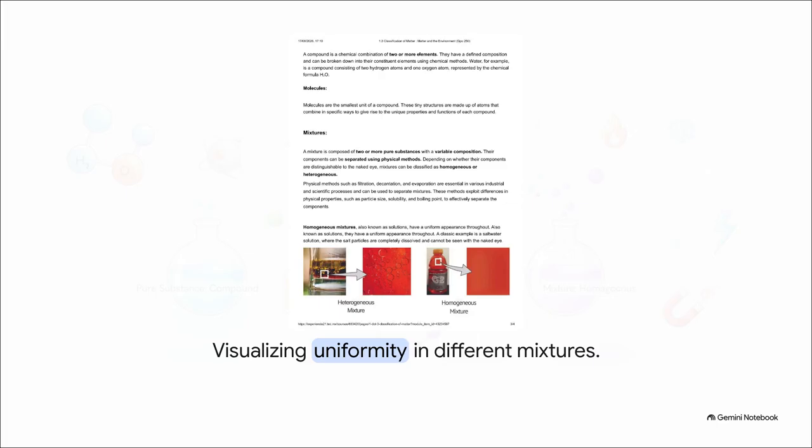A homogeneous mixture, also known as a solution, is completely uniform. Think about salt water. The salt dissolves completely and you just can't see the individual salt particles at all. But a heterogeneous mixture has a non-uniform composition. You can literally distinguish the distinct parts. Think of oil and water separating into distinct layers, or even simpler, a salad. You can easily see and pick apart the tomatoes from the lettuce.